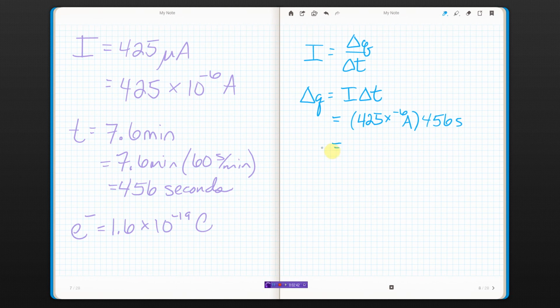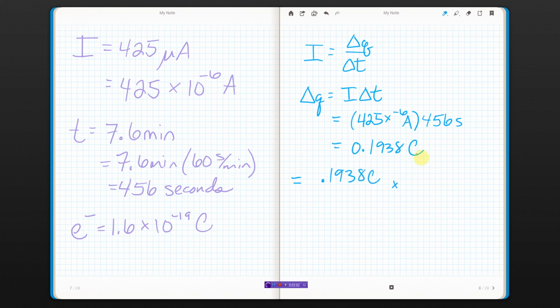That will get me my change in charge in coulombs. That's 0.1938 coulombs.